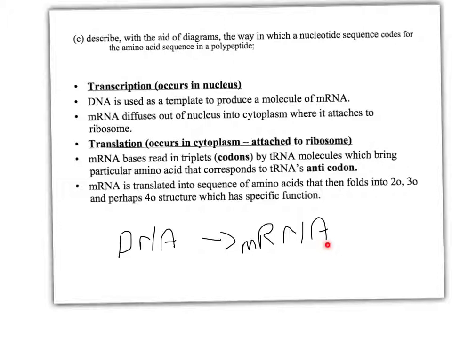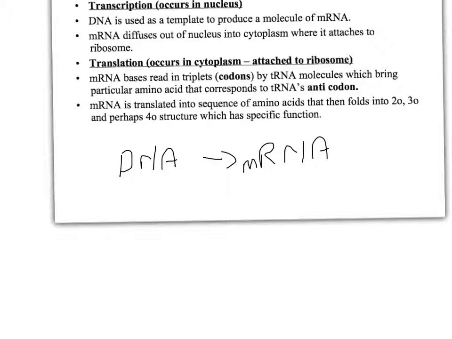The next key idea I want you to take out of this slide is the idea that translation, this word here, occurs in the cytoplasm, particularly on ribosomes, which are often attached to endoplasmic reticulum, and that's called rough ER, when ribosomes are attached to endoplasmic reticulum. That's when the messenger RNA, which we made in transcription, is read and results in a polypeptide.